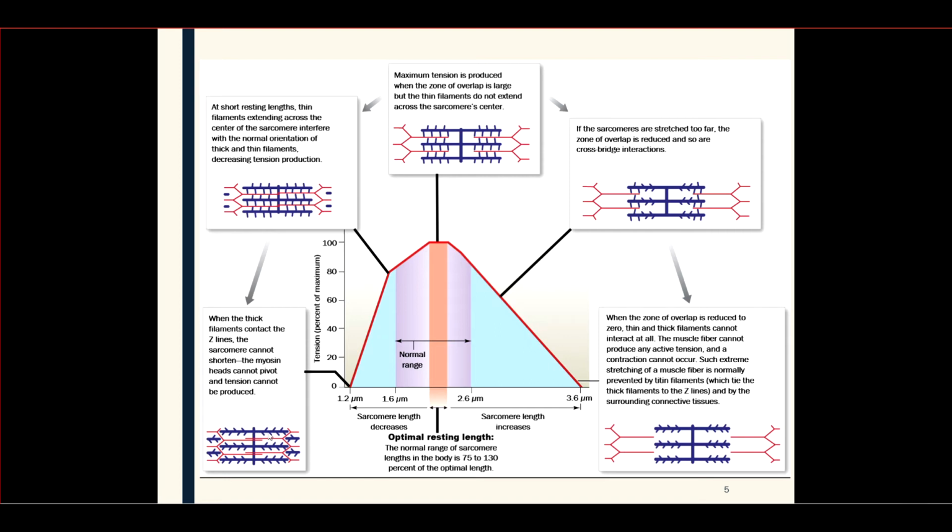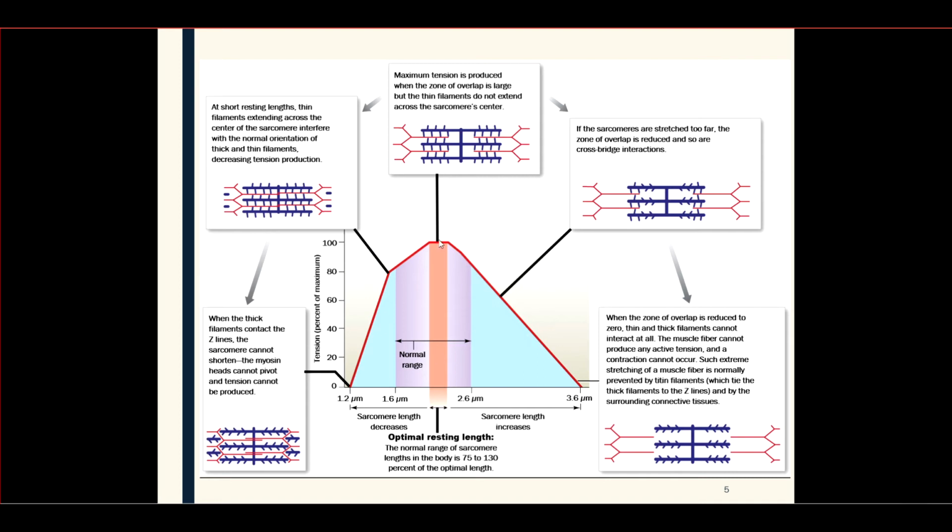Look at this one. This is maximally shortened. This is already at full shortened length. Look at the actin. It's already crossed over the M line. So if you stimulate this sarcomere while it's already in a maximal shortened position, you're going to generate no more tension. Okay? So the concept is this.